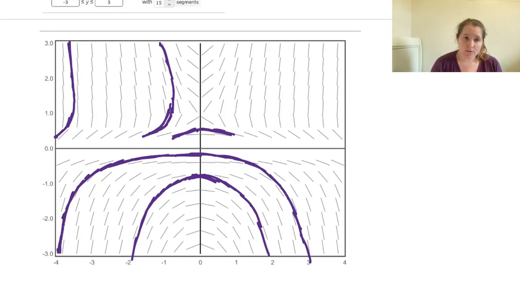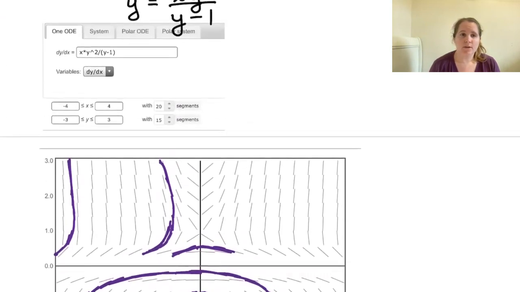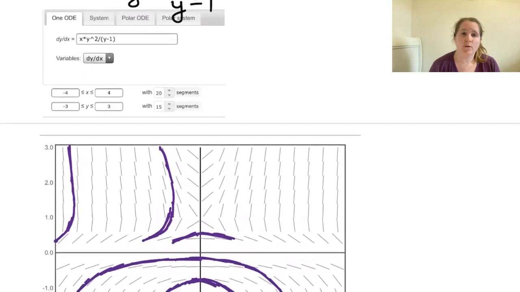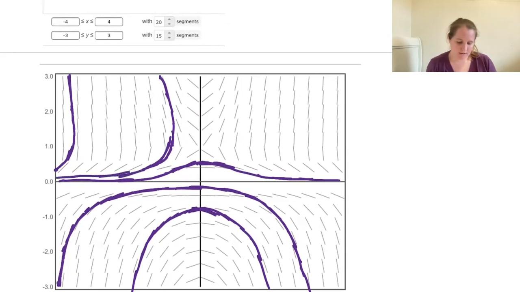But we know when x equals 0, we should be flat. When y equals 0, we should be flat, right? Since we are looking at x times y squared over y minus 1. So it looks like we may be doing something sort of like this, and then kind of mirroring on the opposite side.